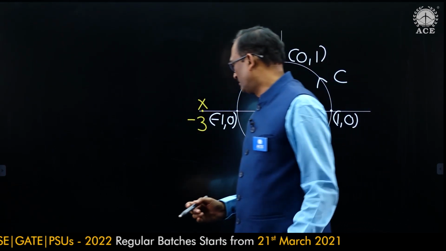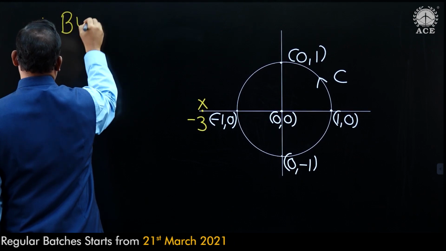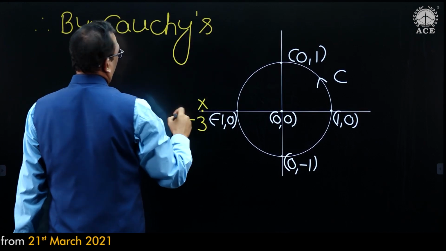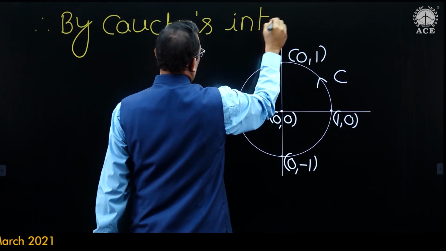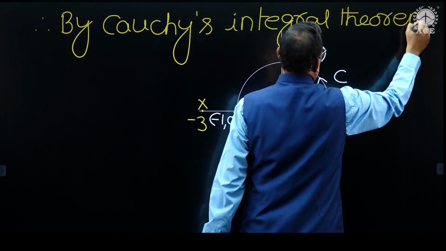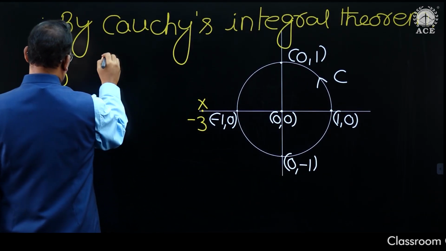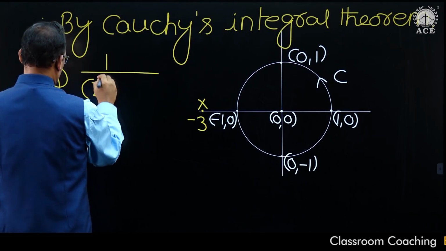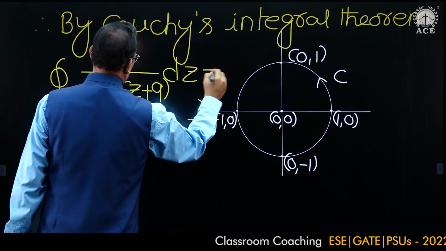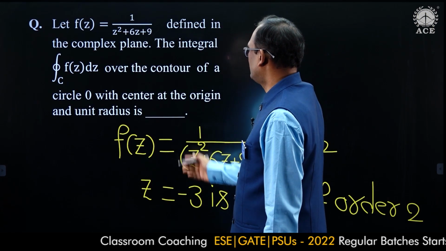Therefore, by Cauchy's integral theorem, integral 1 by z square plus 6z plus 9 dz is equal to 0. This is the value of the integral. So answer 0.